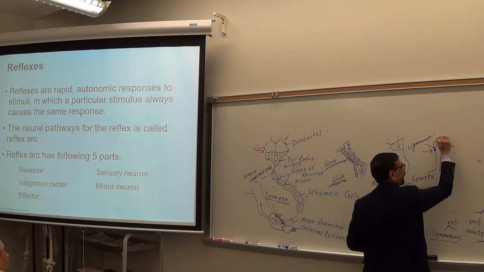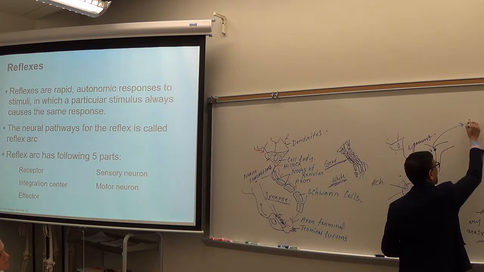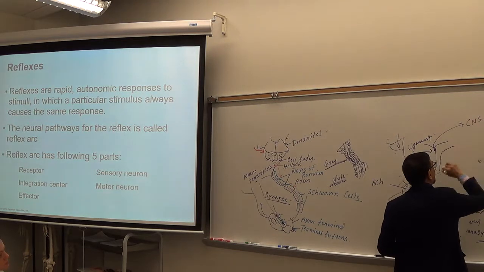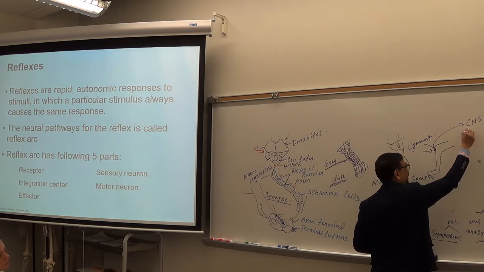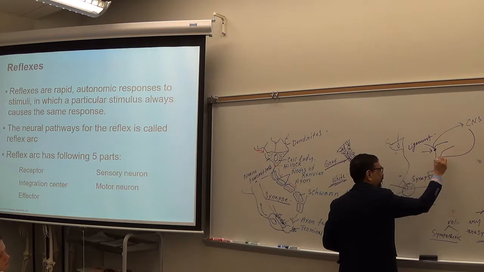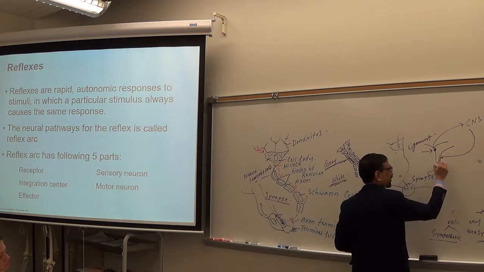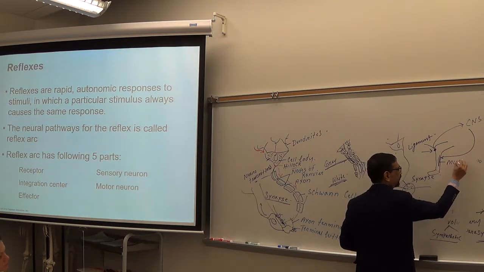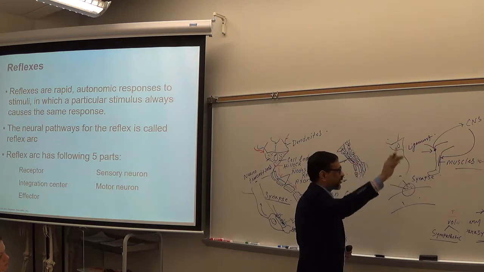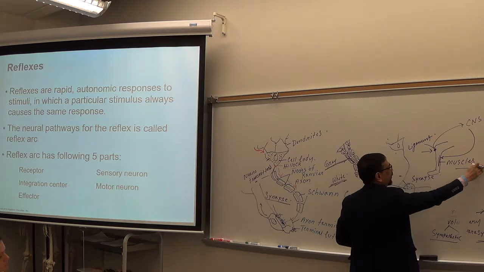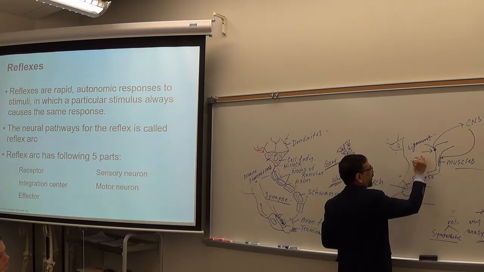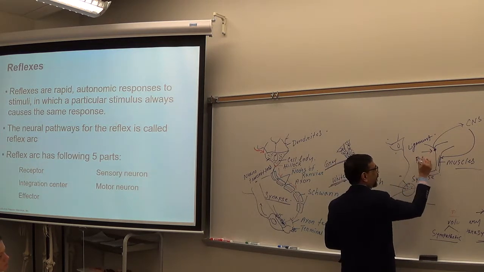And the signal goes to the central nervous system, your spinal cord. And from there, the signal comes back to the muscles. You have the leg muscles here. To move, you need the muscles. So the receptors are here on the ligament.